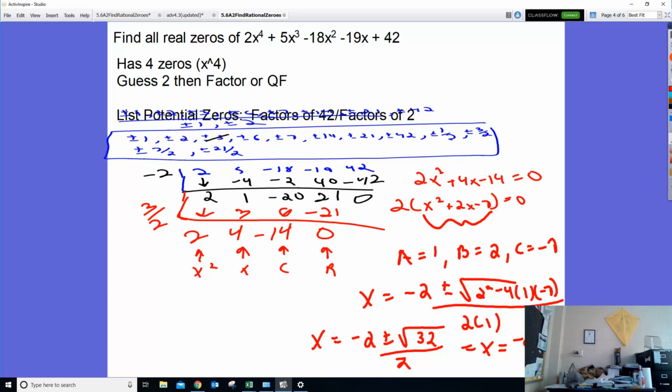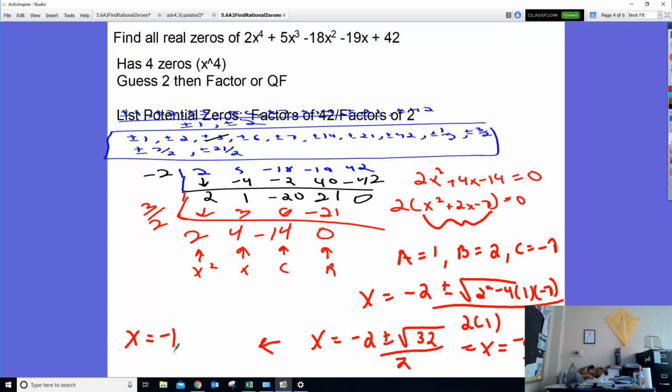We're going to simplify the radical. Root of 32 is root of 16 times 2, and that 16 was 4. Still got to simplify. 2, 4, 2 down low, all goes up by 2. I ran way out of room here.